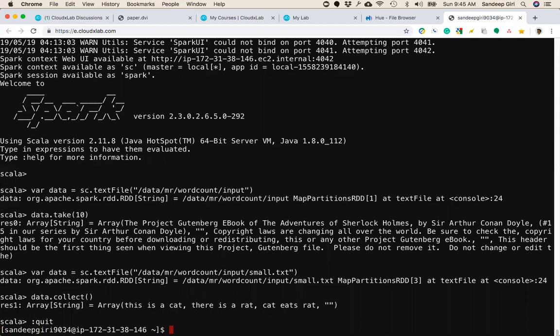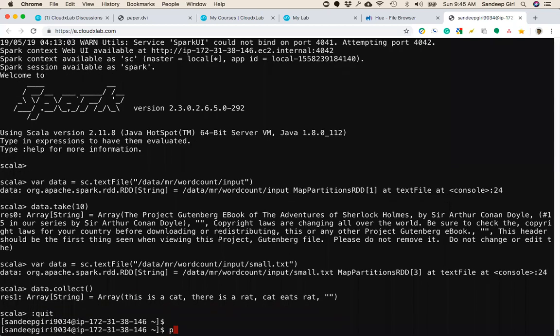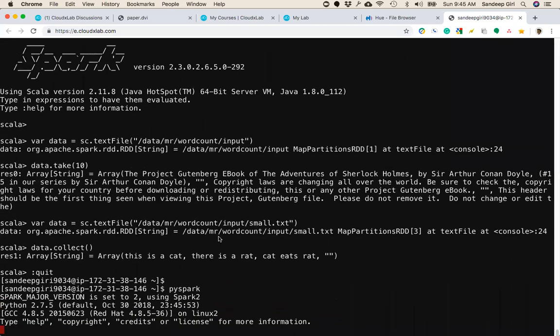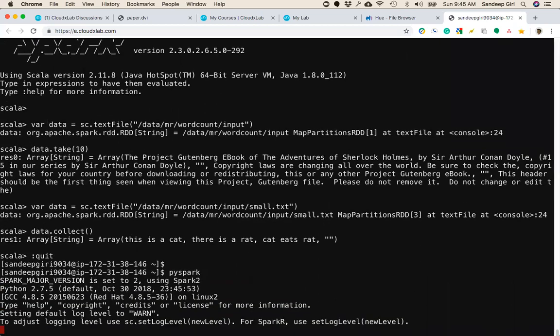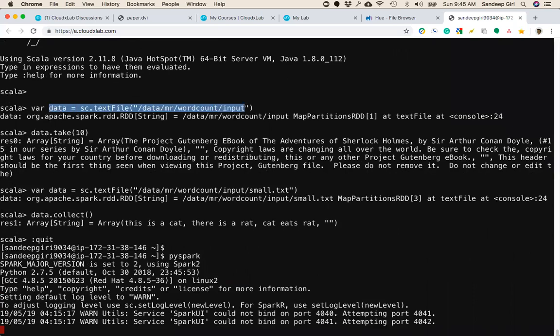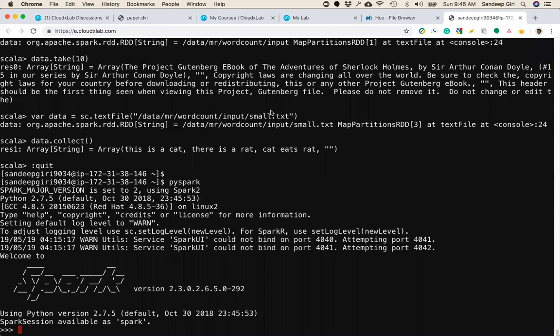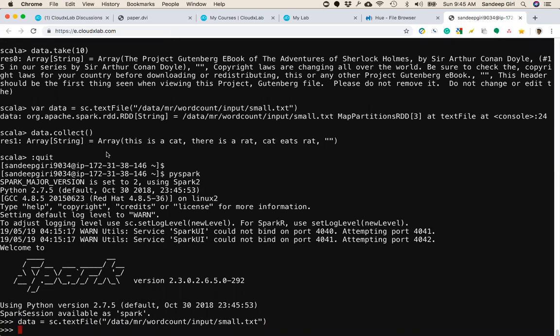Similarly, if you want to use Python Spark, you can just say PySpark, and I'll just copy the same code that we used. I'm just going to use this particular code as is. So this was in Scala, and this is in Python.